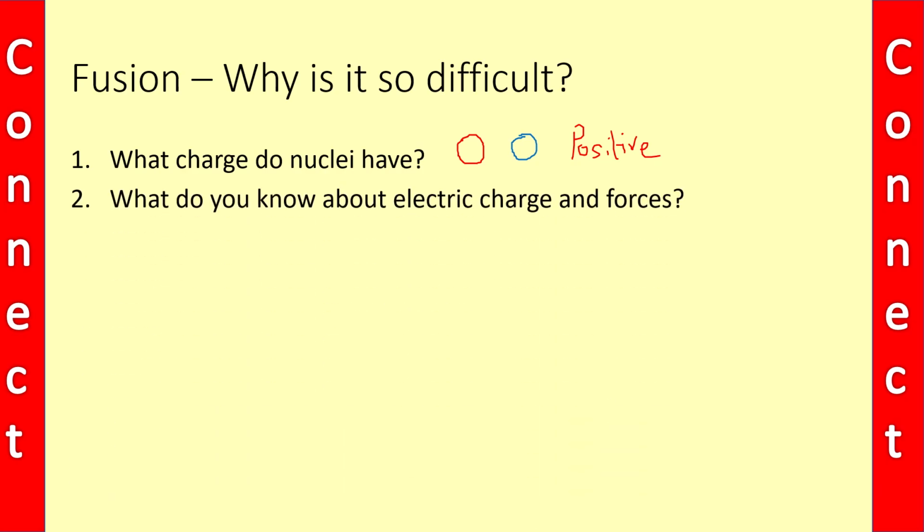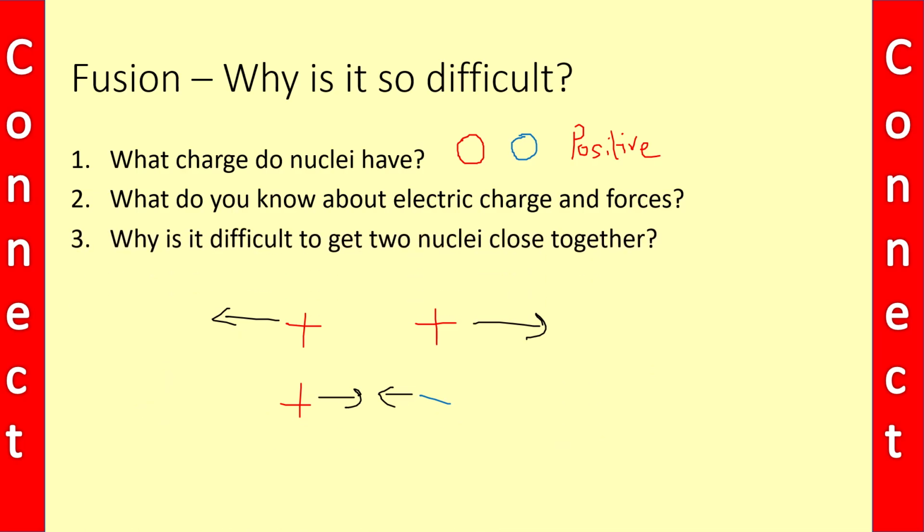What do you know about electric charge and forces? Hopefully you know something about what like charges will do and what opposite charges will do. Hopefully you know that like charges will repel each other and opposite charges will attract each other. And if that is true, hopefully that leads you to why it is difficult to get two nuclei close together.